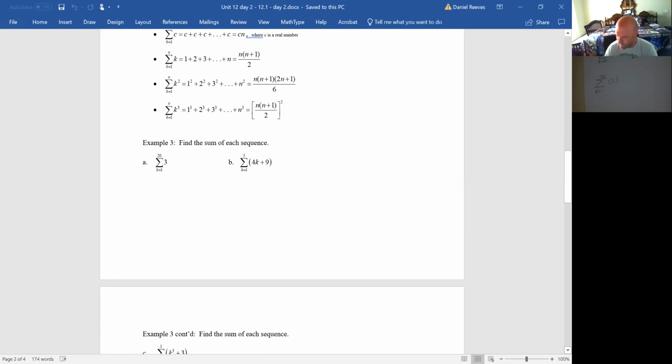In fact, 3 equals 3 every time. This is really equal to 3 plus 3 plus 3. Well, how many of these 3's do I have? I've got 20 of them. By the way, how did I come up with 20? Obviously, it's written right there. But what I generally do is I take this, I subtract that, and then I add 1. So I have 20 3's. My answer is really 60.